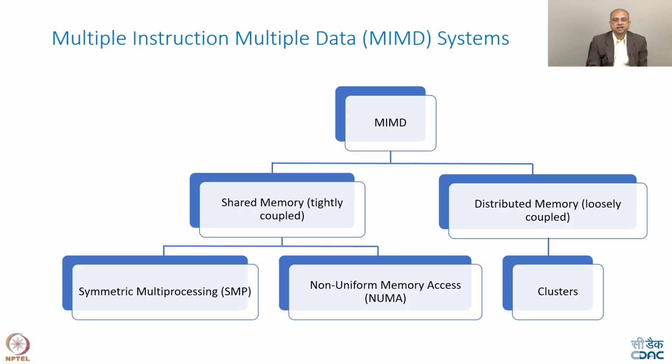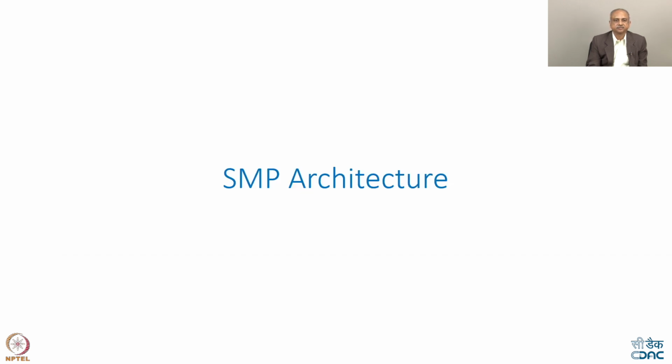This tells us how the two types of memories are organized. Shared memory is also called tightly coupled. Distributed memory is also called loosely coupled. In case of tightly coupled, you can have SMP, that is symmetric multiprocessing, or you can have non-uniform memory access. Clusters are an example of loosely coupled memory architecture.